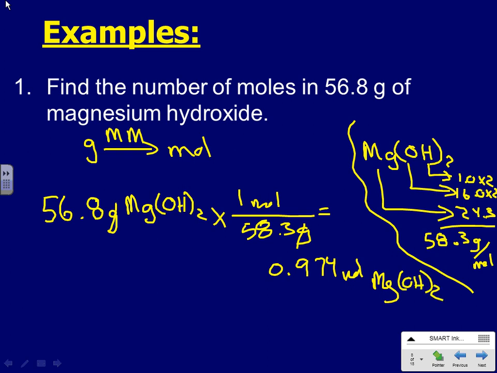Okay? If you're never sure of how many significant digits, you can convert it to scientific notation with your calculator and then just round to the 1, 2, 3, right? Let's do another one.